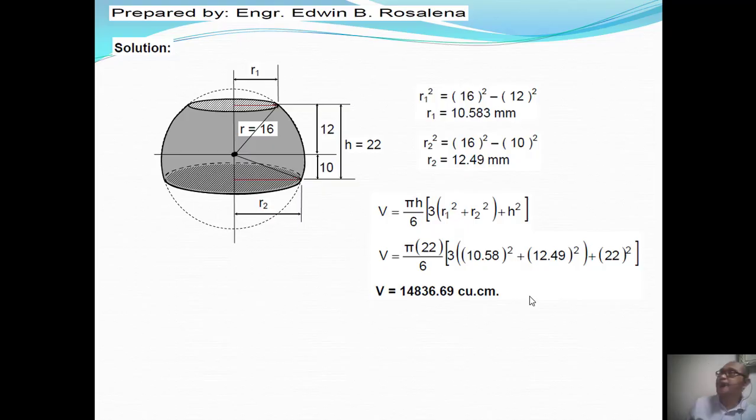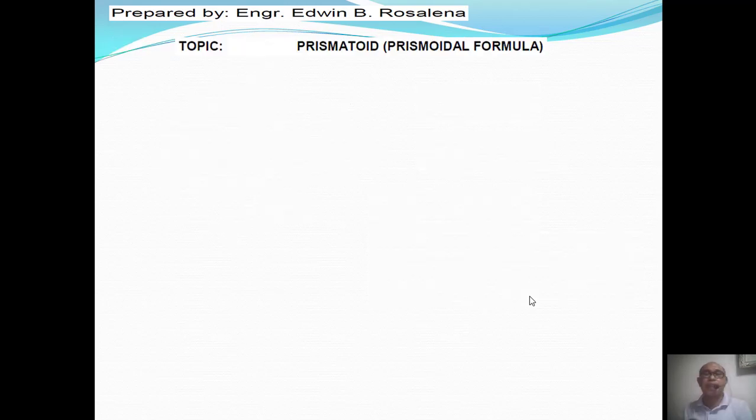Okay, so, what else? If we recall, sphere, and then we have wedge, and then we have spherical segment with one base, and then we have spherical segment with two bases. Okay, what's next? We have here a prismatoid. Okay. So, what is a prismatoid?